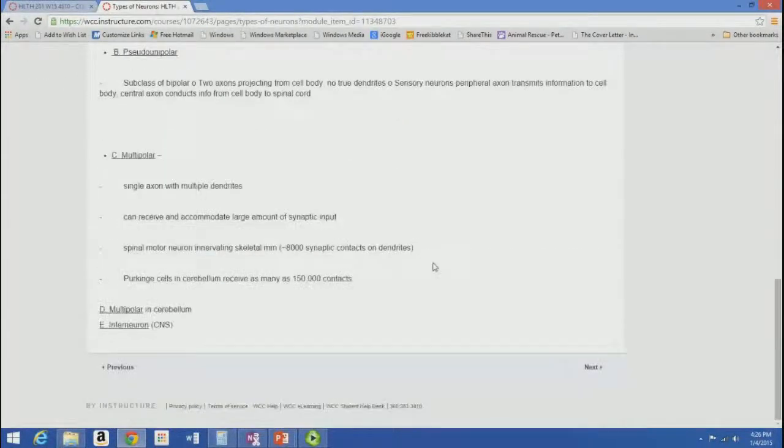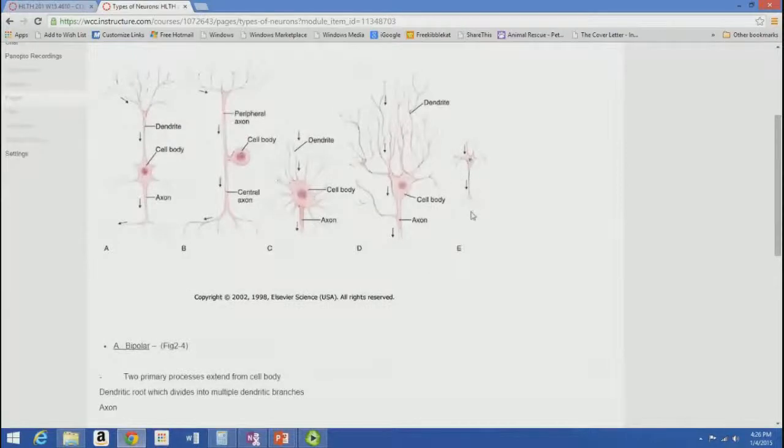And then E is showing an interneuron in the central nervous system, which you can see is also a multipolar neuron. So in this picture, it's interesting to note that even though they're all shown right next to each other and they all kind of look like they're the same size, they are not shown to scale, and so we can have neurons in our body that are huge and ones that are very, very tiny. So for example, the sciatic nerve contains nerve roots as part of one neuron that go all the way from L5 to S2 all the way down to your big toe, a single neuron.